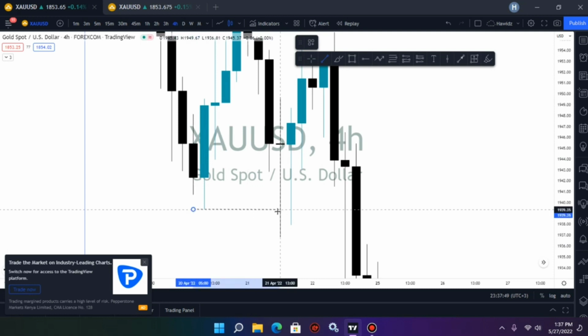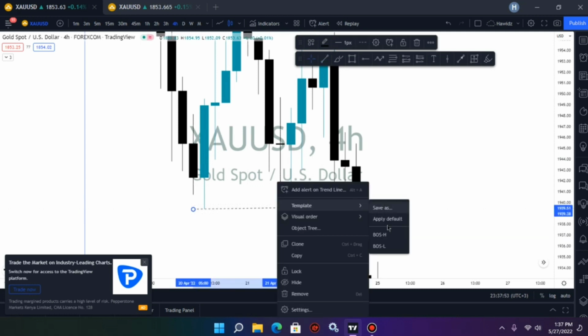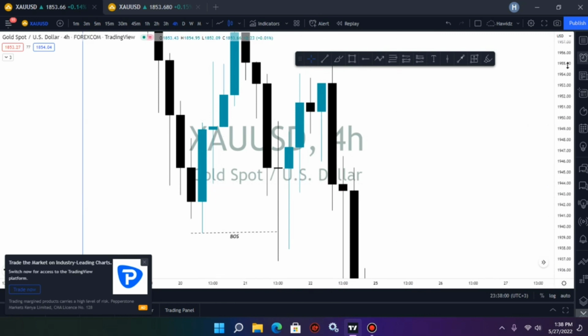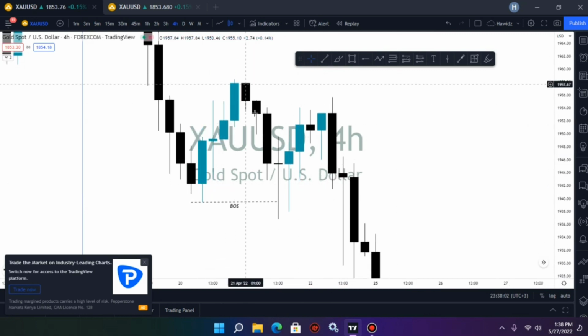So we did have a structural break here and that pullback.